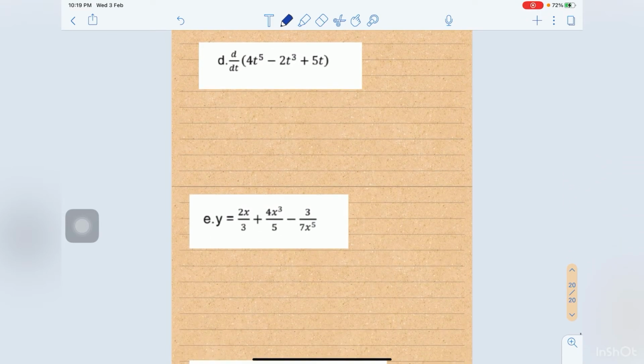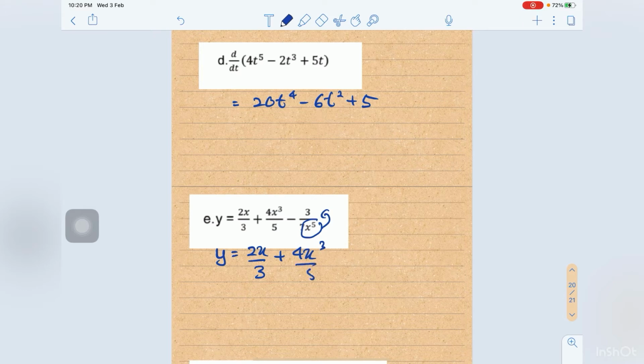Next, this one. We differentiate, we get 20t power of 4 minus 6t squared plus 5. Okay, the next question, y in terms of x, we differentiate, we get dy/dx, but before that we have to move up x power of 5. So y is 2x over 3 plus 4x cubed over 5 minus 3 over 7 x power of negative 5.